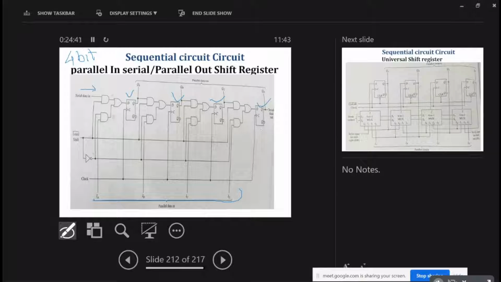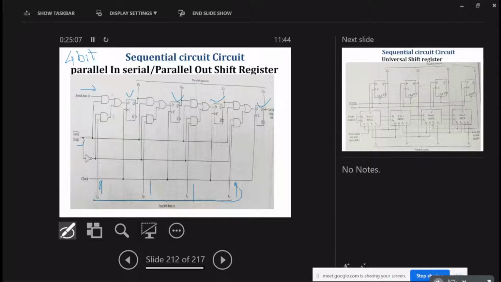Suppose these are IA, IB, IC and ID. These are the 4 information bits, and we need to connect them directly with the inputs of the flip flops. How can we connect?